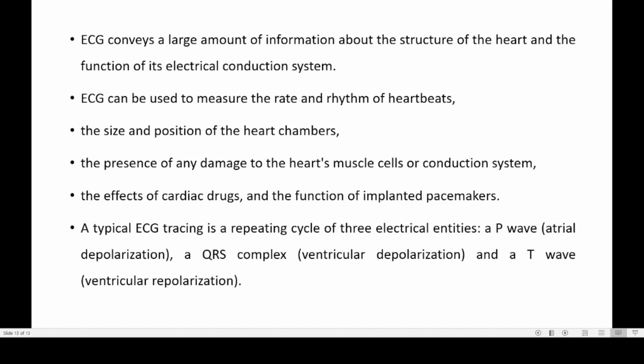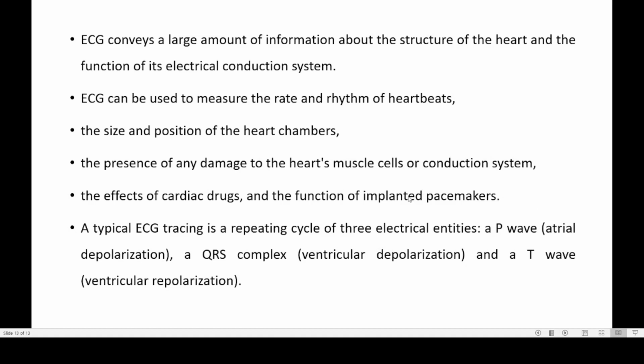And similarly, you can also measure the effect of cardiac drugs. If there is any problem with your heart because you are taking some drugs related to the heart, then their function and performance can all be measured using the ECG. And similarly, the implanted pacemaker, that's what I was discussing earlier.